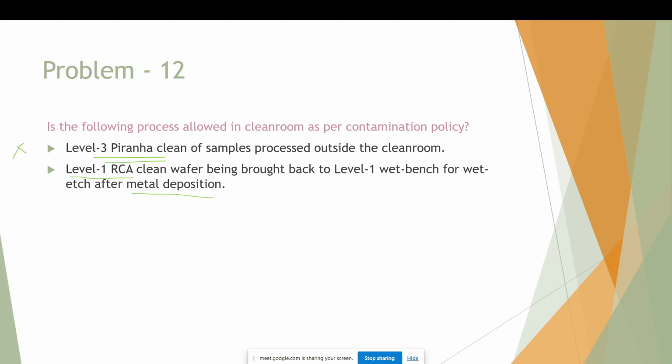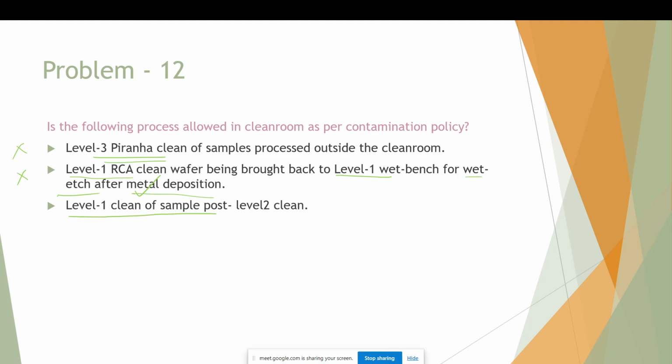Now can you bring it back to level 1 wet bench for wet etch? No. Why is it? Metal deposition. Right, so metal is the thing here. We can't bring metal in level 1 or level 2.